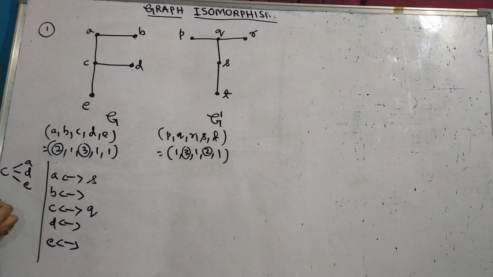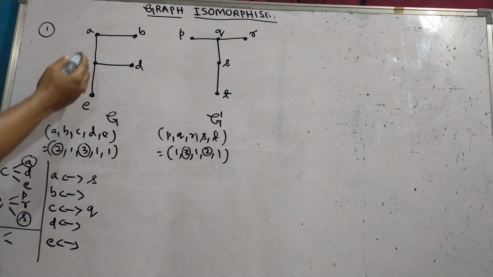Now let us consider the vertex Q. It has 3 adjacent vertices, namely P, R, S. We mapped C to Q, and we mapped A to S. Now we have 2 vertices D and E, and 2 vertices P and R. Let us consider the vertex A, which has degree 2.